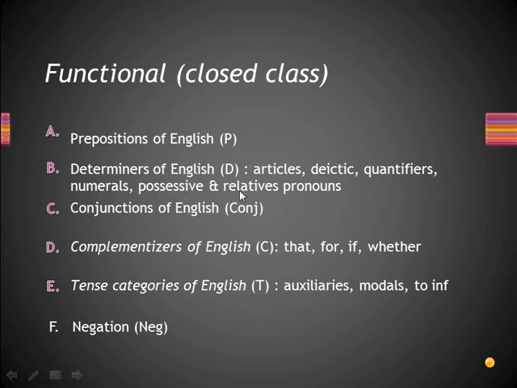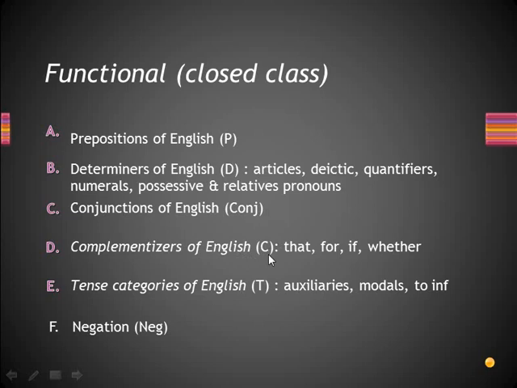And conjunctions: you have to remember that conjunctions can be correlative or coordinating, or you may find subordinating conjunctions. But if you talk about subordinating conjunctions, we will discuss complementizers. Di complementizer ini lebih pada subordinating conjunctions, penghubung yang tidak menjadikan dua struktur yang dihubungkan itu setara.